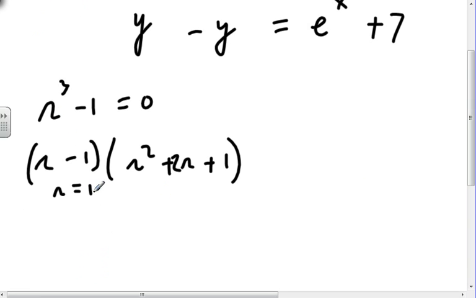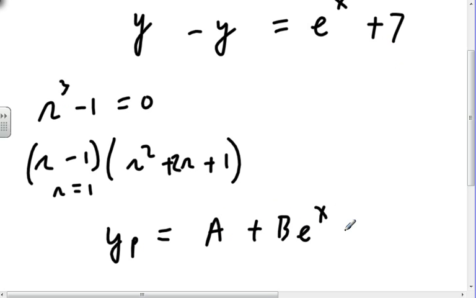r is 1, and the other two are imaginary. So y sub p is going to be a, because of the constant, plus b e to the x, but it's also going to be c x e to the x, because I have that r equals 1 sitting there in my formula.